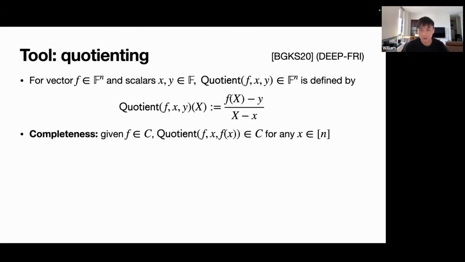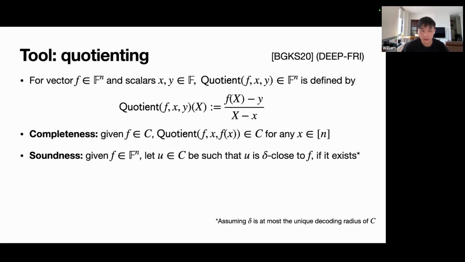I don't want to go too much into the specifics, but for completeness, basically we can observe the following. Given a valid Reed-Solomon code word, the quotient of f under x and its evaluation at x will always be in the code for any choice of x.